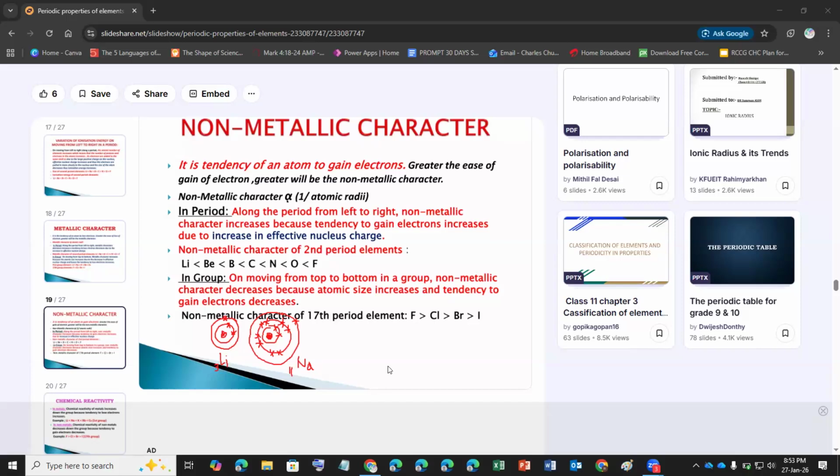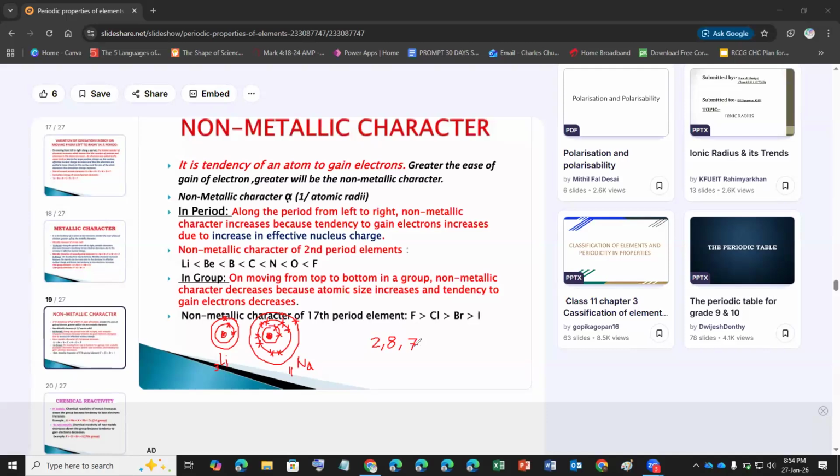Take for instance, consider chlorine. Chlorine's atomic number is 17. Yes, it's 17. So that means that chlorine looks something like this. 2 electrons in the shell around the nucleus, 8 electrons in the next shell, and what? 7 electrons in its outermost shell.